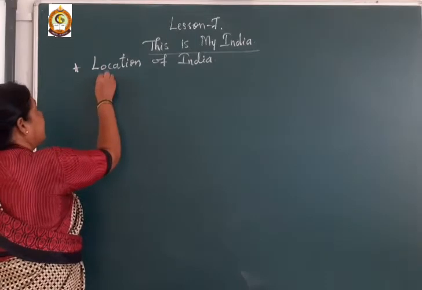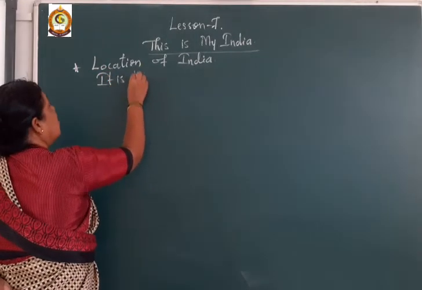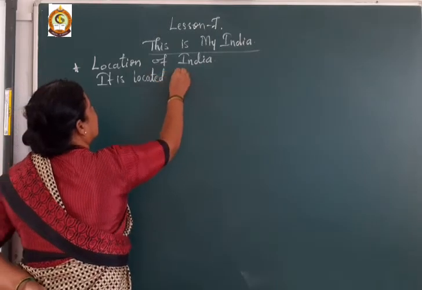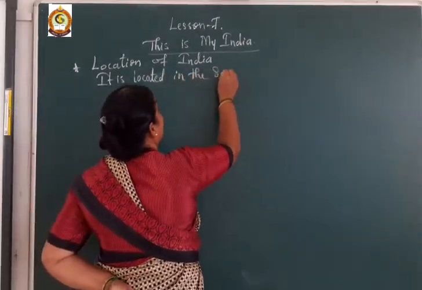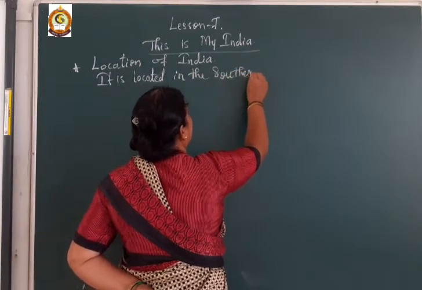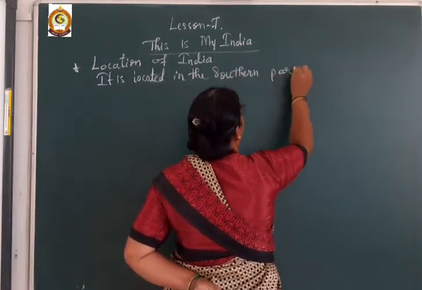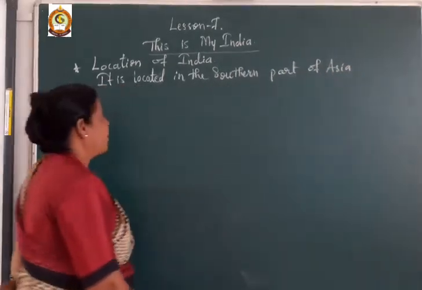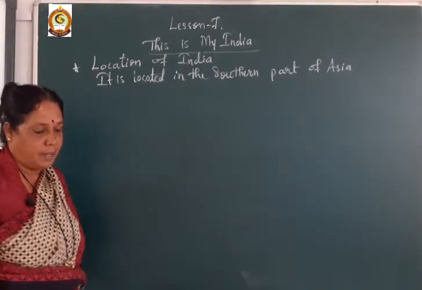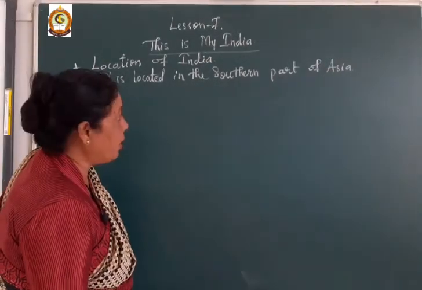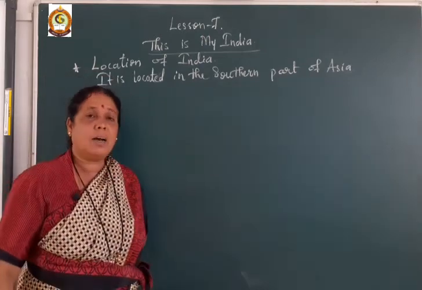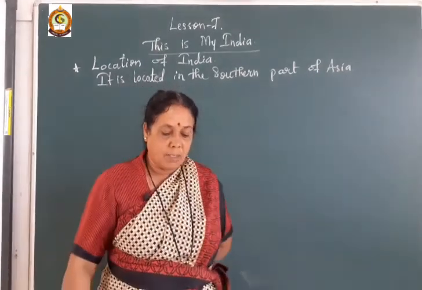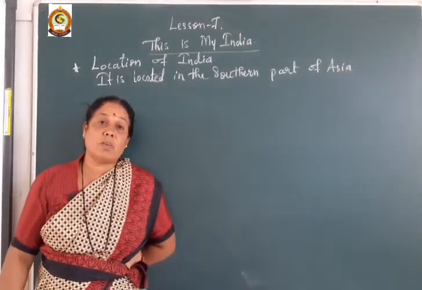It is located in the southern part of Asia. Yes dear student, our country India is located in the southern part of the continent of Asia. And our country India is surrounded on 3 sides by water, that is big water bodies on 3 sides.